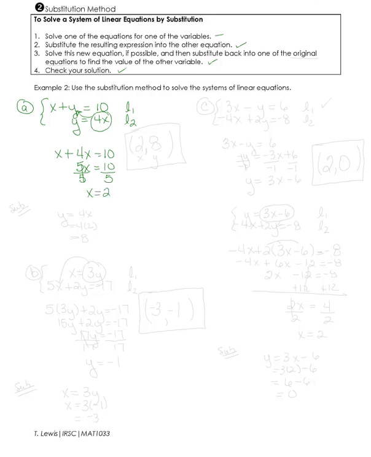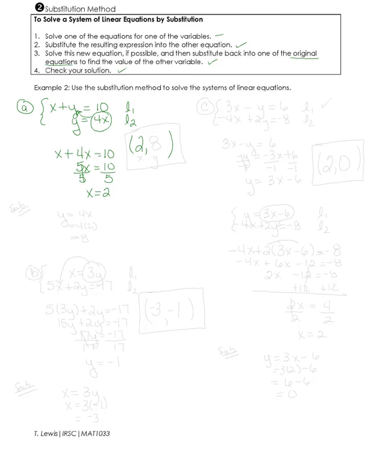Now, what we're going to do next is, because we're looking for an ordered pair, we have x equals 2, now we need to find y. And this is where we go back to step 3. It says, then substitute back. So you choose which equation you want to substitute 2 in for the variable x.